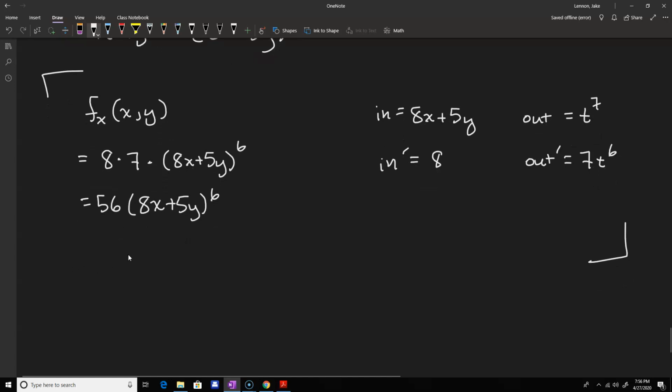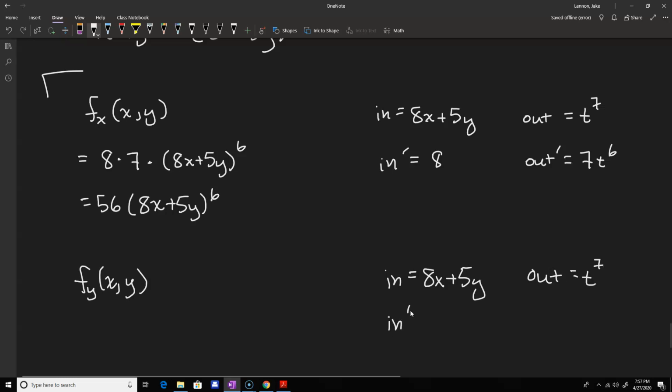For the y partial, basically it's the exact same setup, but the partial derivatives are just going to change a little bit. When we're doing the y partial derivative, our inside is still 8x plus 5y, and our outside is t to the 7th.